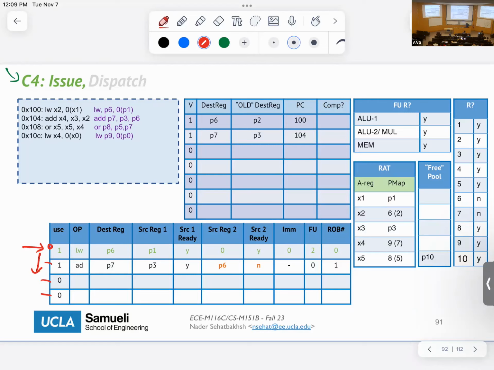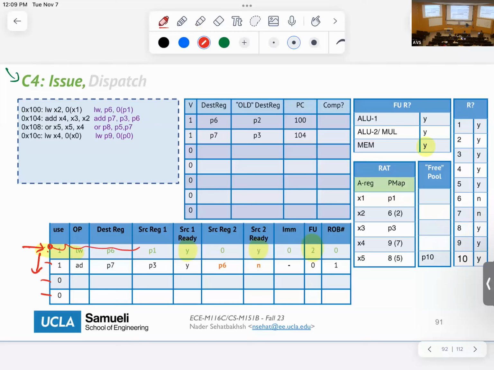In this particular case, for example, if you look into this row here, you will see that source register 1 is ready, source register 2 is ready, and it requires the functional unit too. If you look into the functional unit, you will see that the functional unit is also ready. So sources are ready, functional unit is ready, which means that this instruction can be issued. Basically what happens at this point is that we feed this into our functional units.